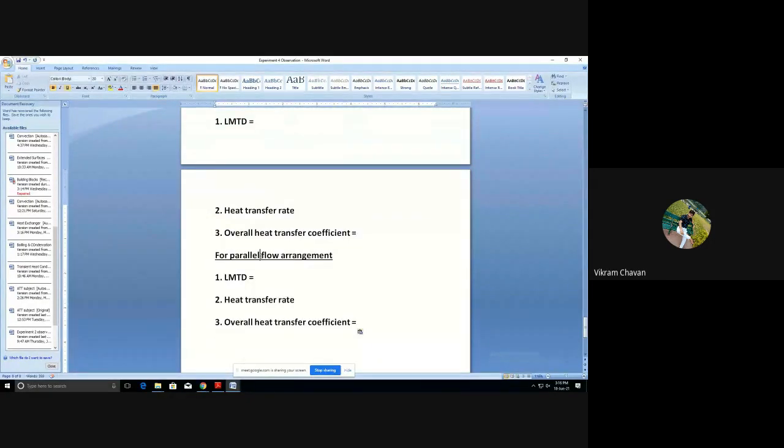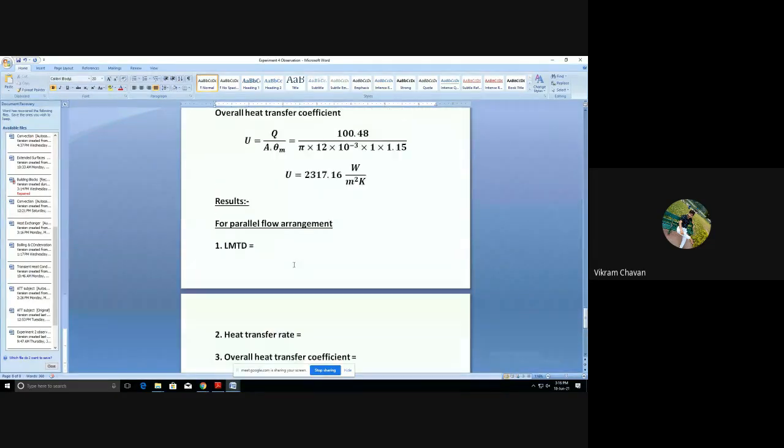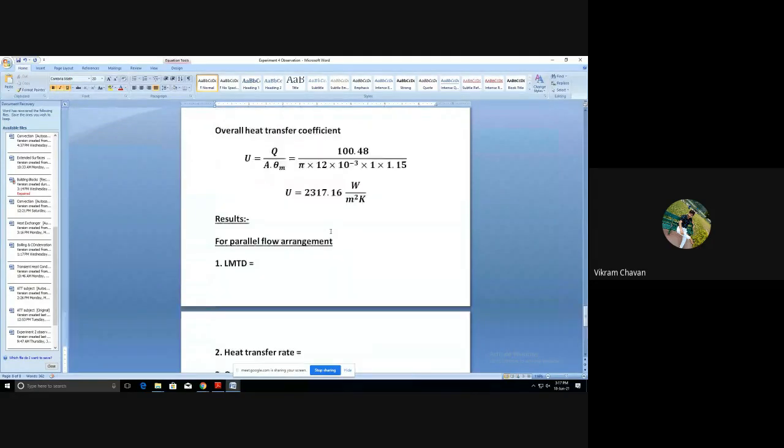For counter flow, what values have we calculated? Just those values we require in the result format. So that will be your final answer. I will put here the U value for counter flow. The overall heat transfer coefficient is 2317.